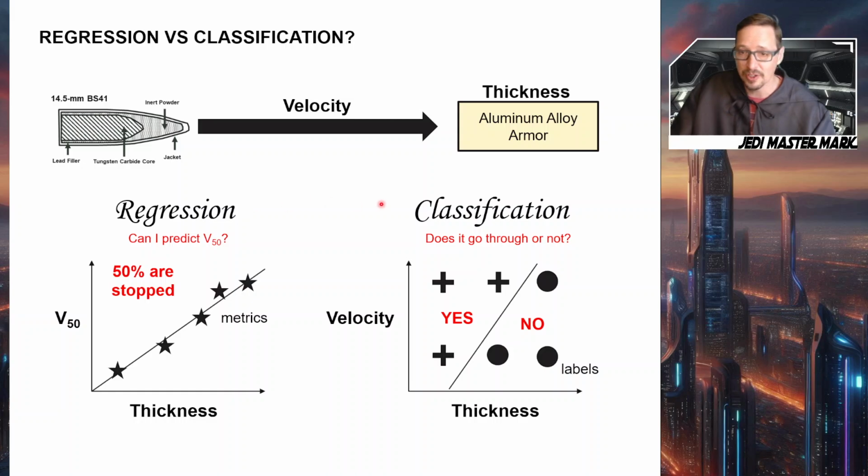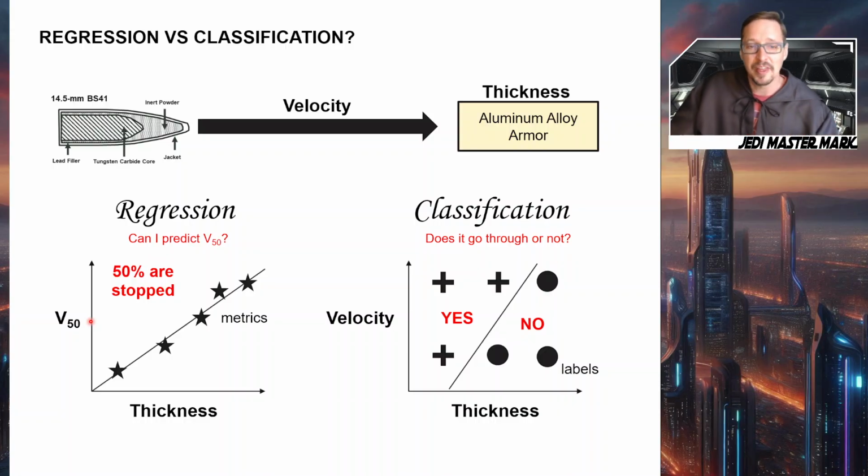So regression or classification. Regression on the left, what you see on this x-axis is thickness. So this is one of our inputs. V50, this is a velocity where 50% of the bullets are going to go through, or correspondingly 50% of the bullets are stopped.